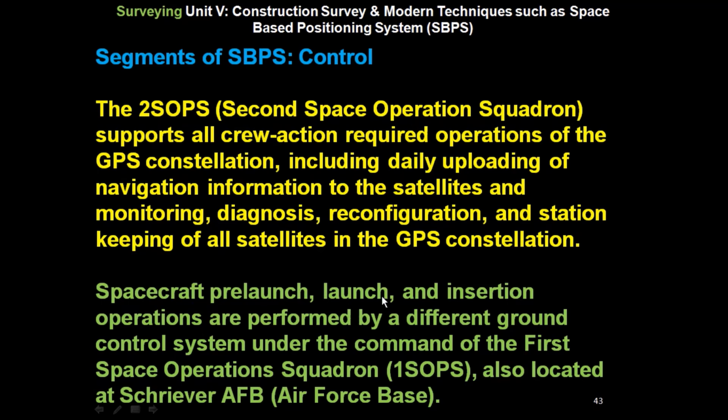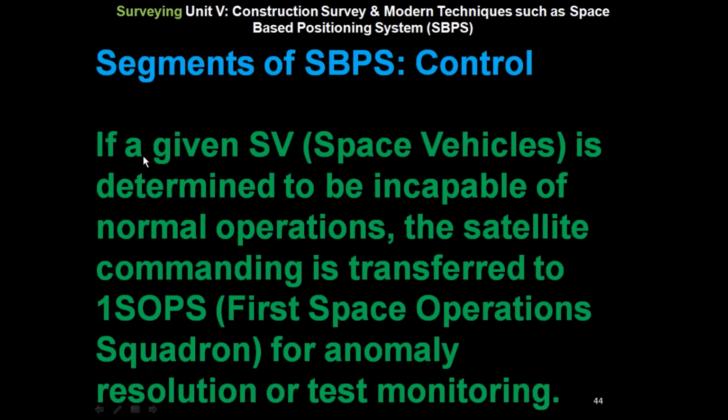Spacecraft pre-launch, launch and initial orbit operations are performed by a different ground control system under the command of 1st Space Operations Squadron, that is 1 SOPS, also located at Schriever AFB, that is Air Force Base. If a given SV, that is space vehicle, is determined to be incapable of normal operation, the satellite commanding is transferred to 1 SOPS for anomaly resolution or test monitoring.